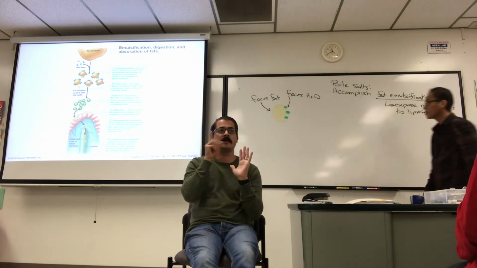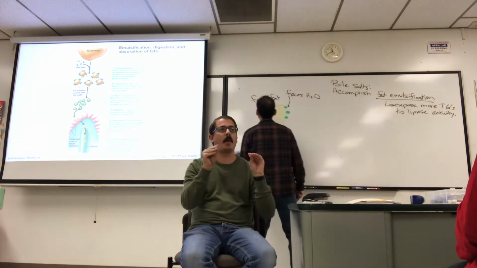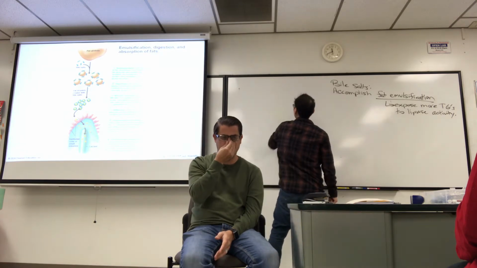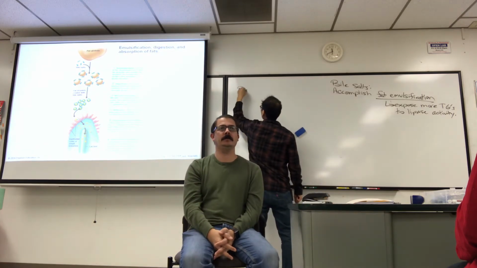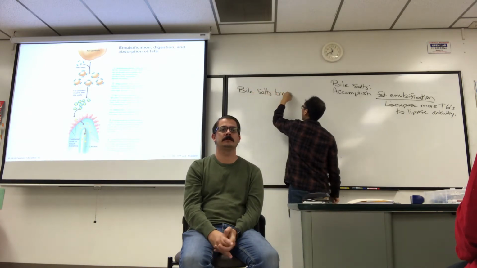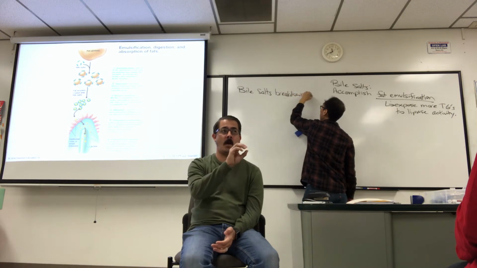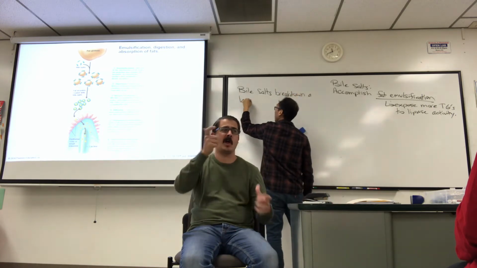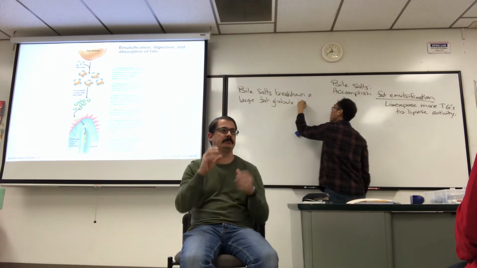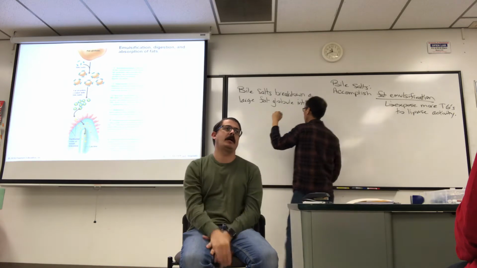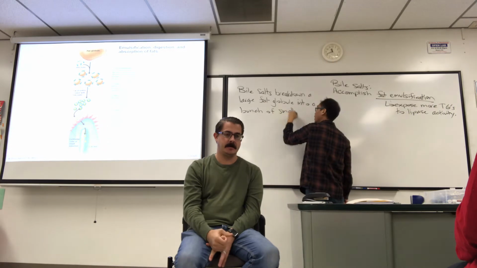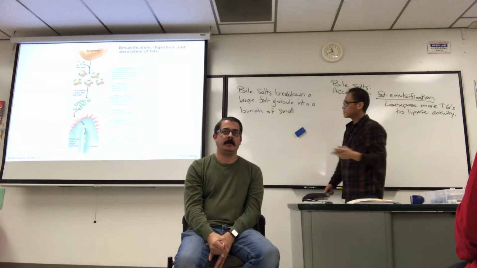So in this picture, bile salts break down a large fat globule into a bunch of smaller fat droplets, I guess.